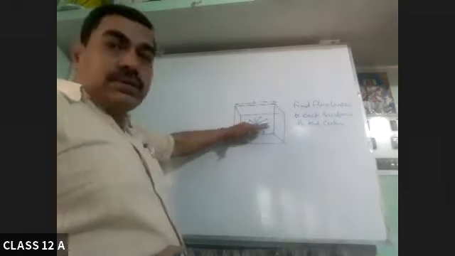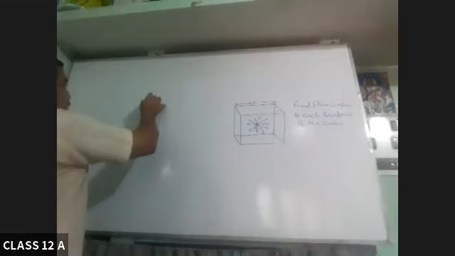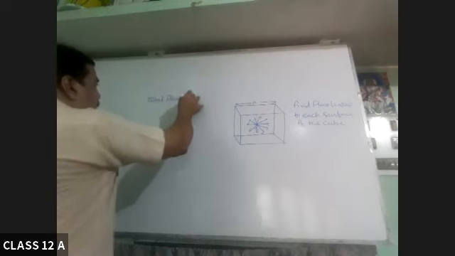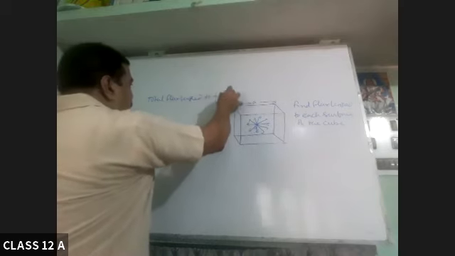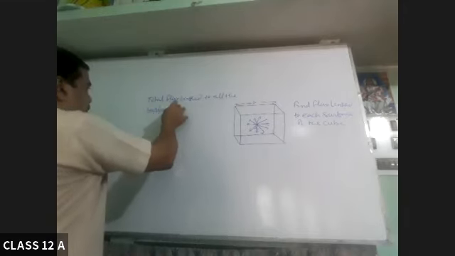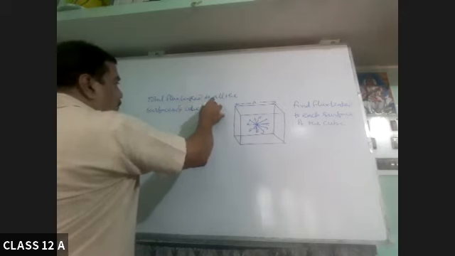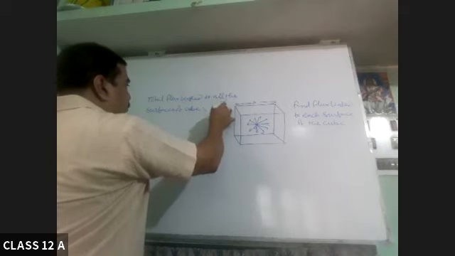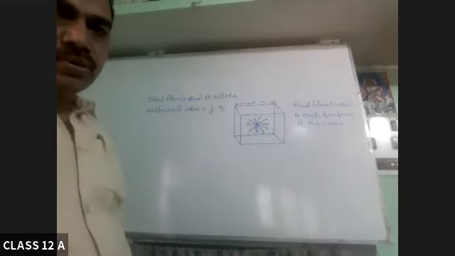So due to this charge, the total flux linked to all the surfaces of the cube, how much will it come? That will be 1 by epsilon naught times Q.